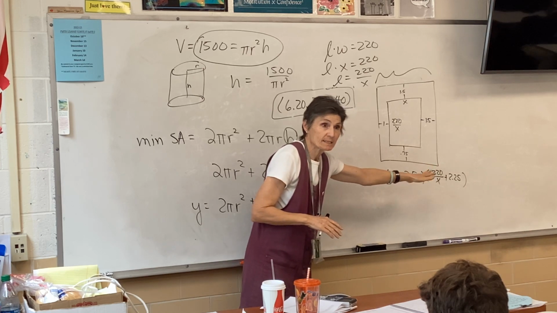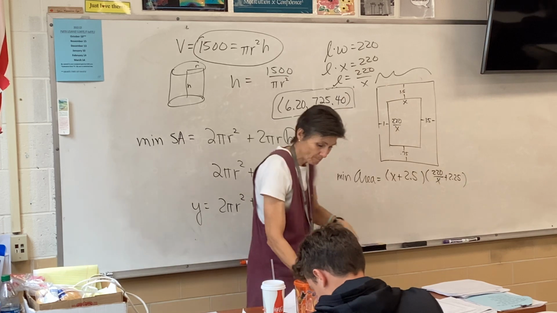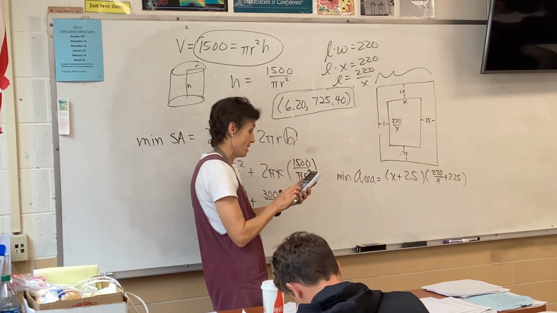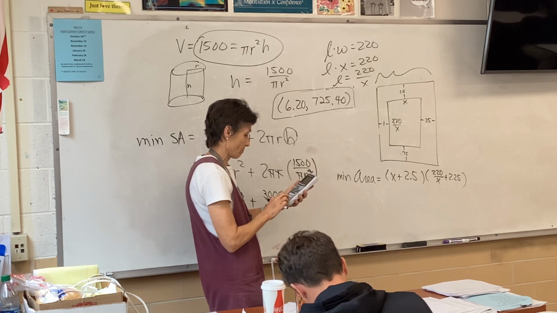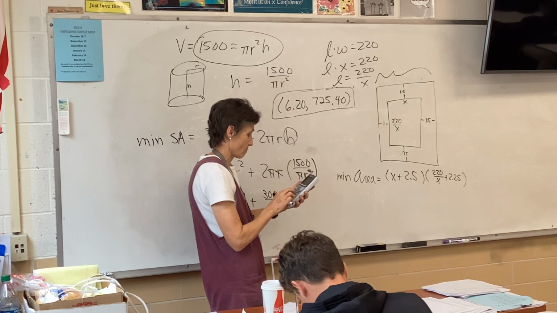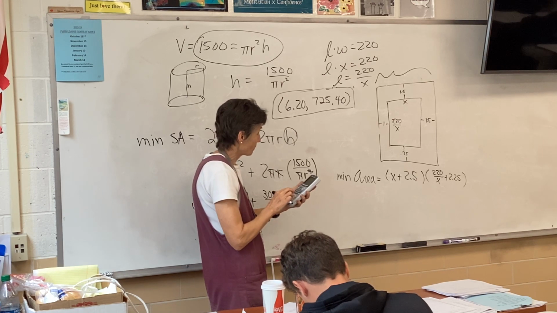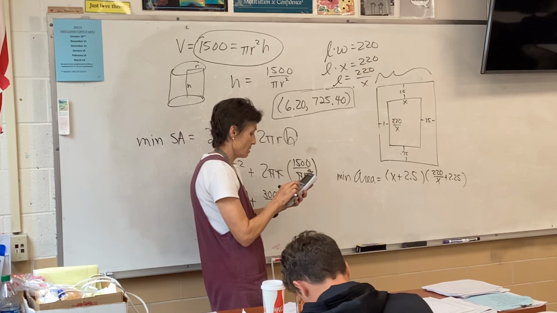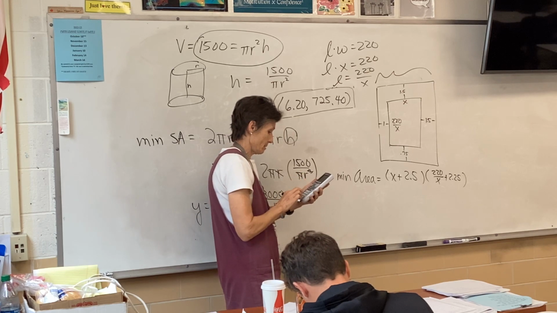If you don't want to take the time to multiply it out, your calculator will graph this just fine. Or you can multiply it out, simplify that equation if you'd rather. Make some minor adjustments here.